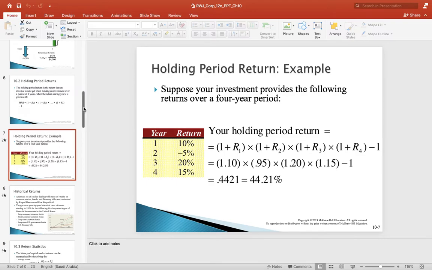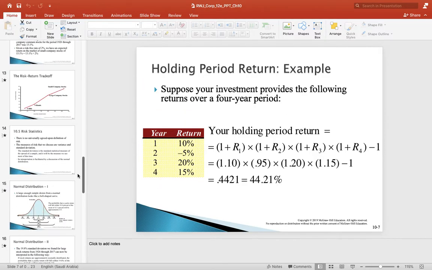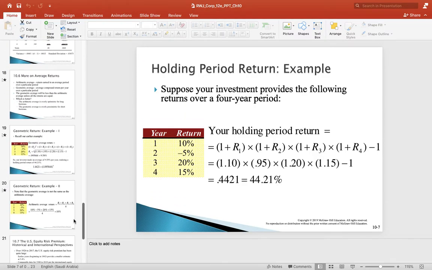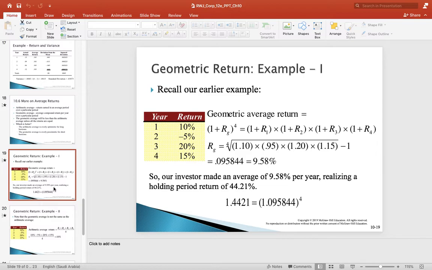Now, annualizing that is known as the average return. How do we do that? If we are calculating the geometric average, it is the same 1 plus R1 multiplied by 1 plus R2 multiplied by 1 plus R3 multiplied by 1 plus R4, to the power of fourth root, minus 1. Why fourth root? Because it is 4 years.